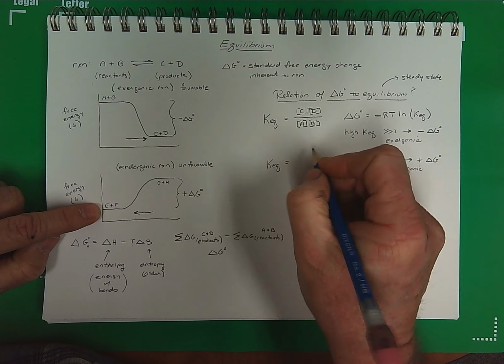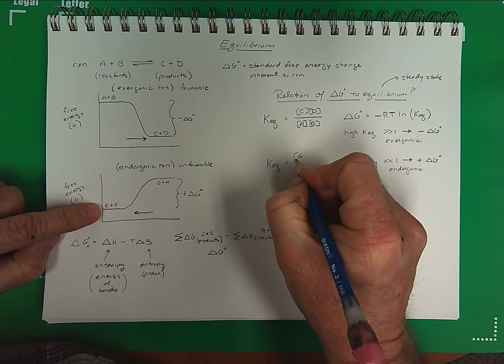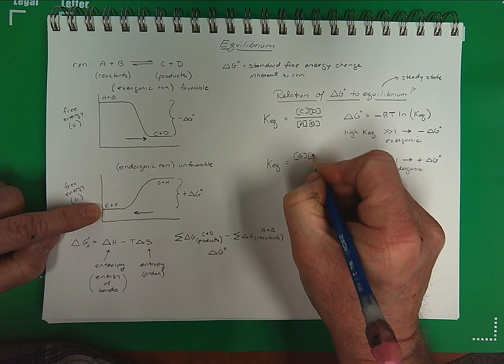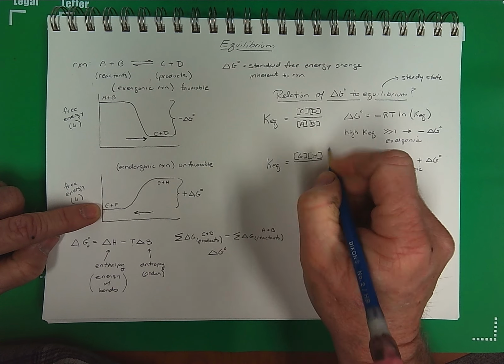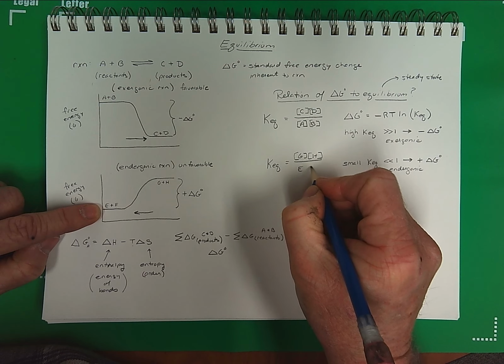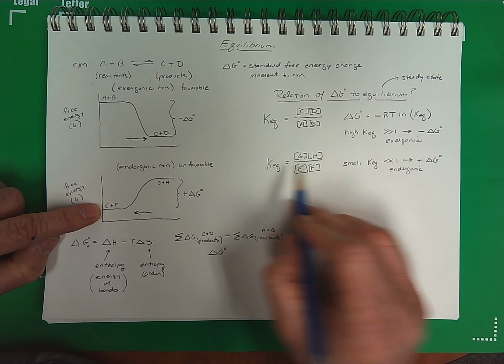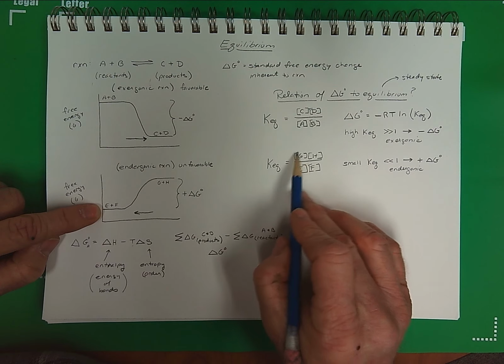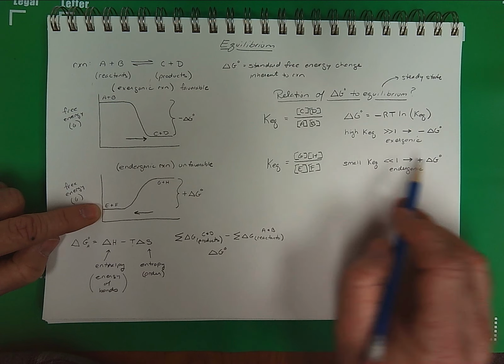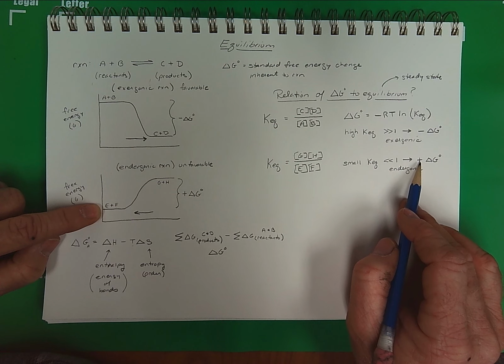Let me write this out here. And for this reaction, the products over the reactants, if this number is very small, we have very little product formed. So that means we have a delta G that is not 0, that is positive.